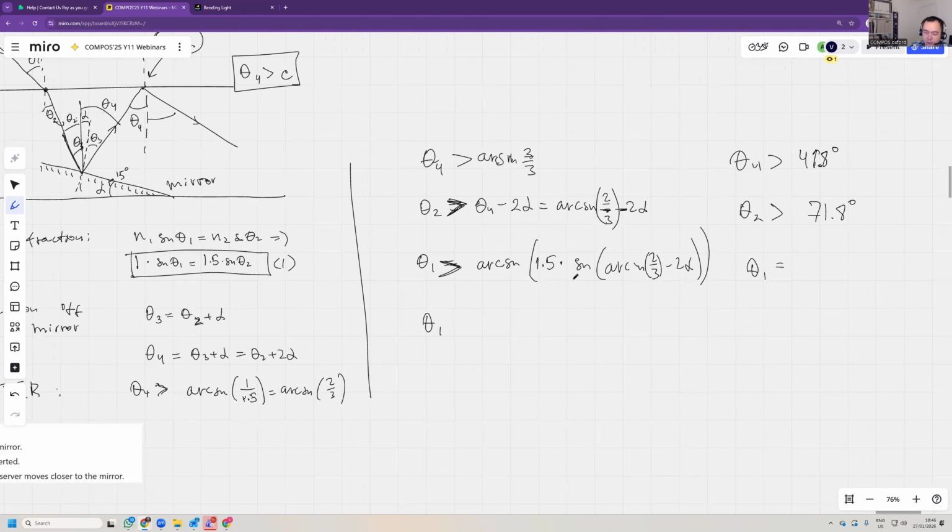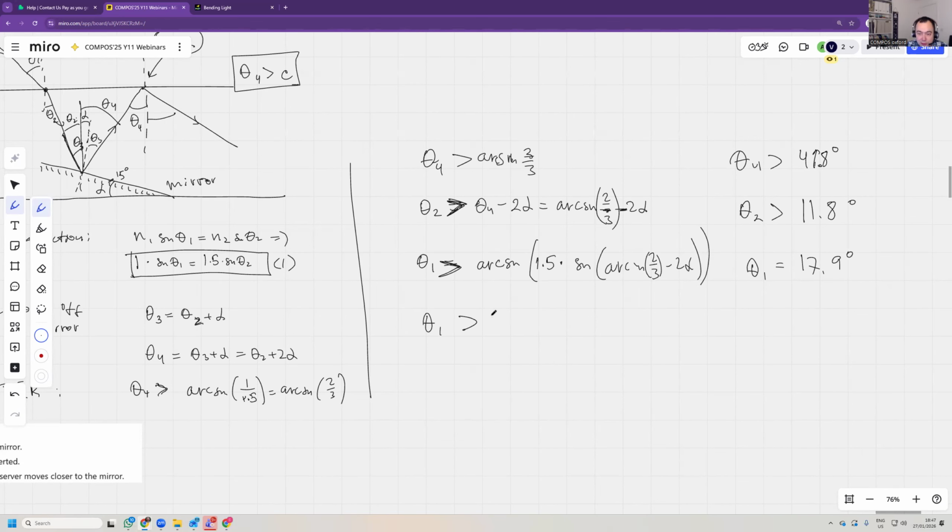It's not 71, it's 41.8 minus, so it's going to be 11.8, and then arc sine 1.5 times sine 11.8 degrees, which is 17.9 degrees.